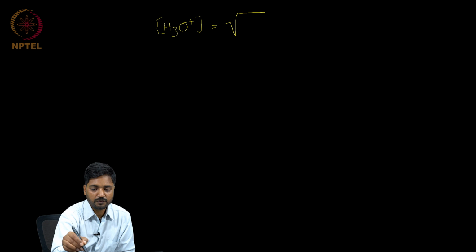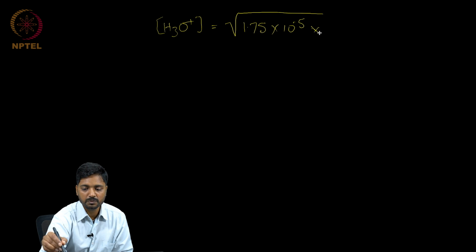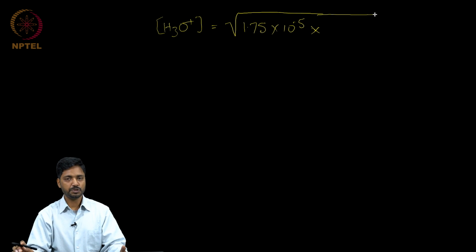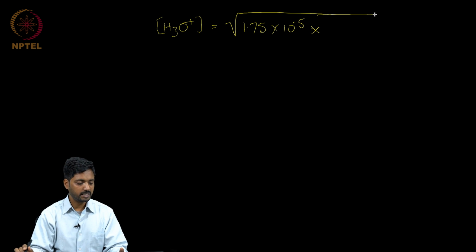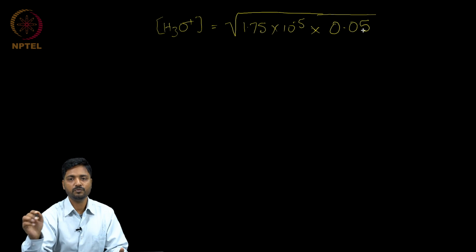What we observe is the hydronium ion concentration is equal to the square root of 1.75 × 10^-5, which is the Ka value, times the concentration of the acetic acid that was taken originally, and this is 0.05 molar.